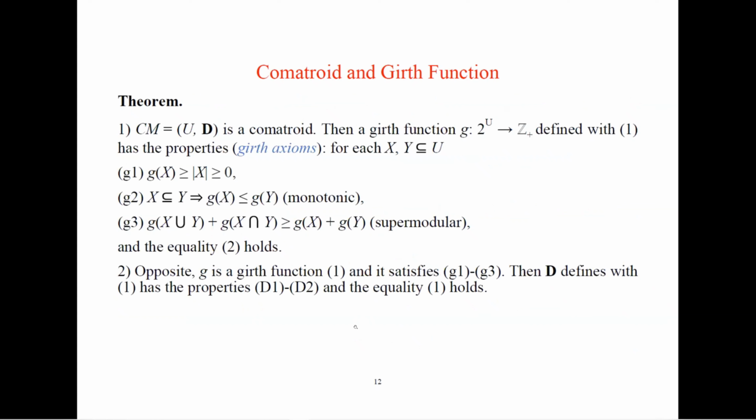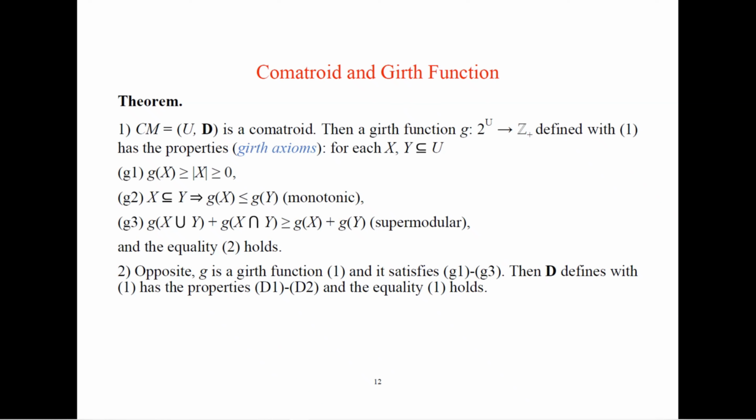And the main result of my research is the next theorem: if we have a comatroid, then the girth function has 3 properties for each x and y. It's non-negative, and the value of this function is greater or equal to the cardinality of the set. This function is monotonic, and this function is supermodular.